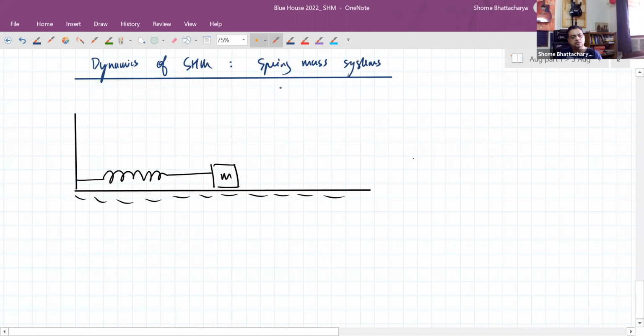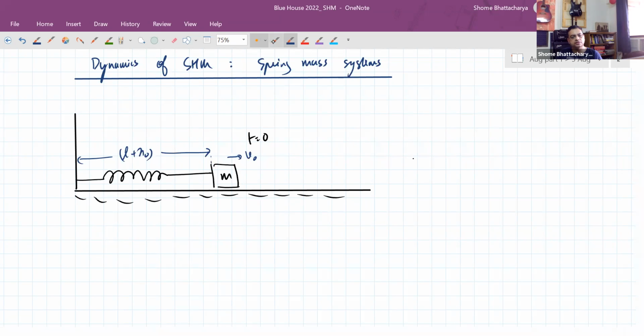So let's say at t equal to 0, the situation was such that the spring was at some extension of x naught, and the block was moving with a velocity v naught like this.